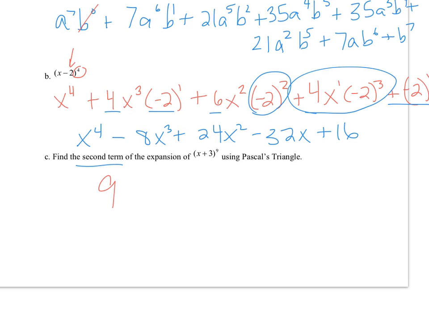And then this is going to be x to the 8th power. And remember, our exponents have to add up to 9, so it's going to be times 3 to the 1st power. So now 3 times 9 is 27, x to the 8th is going to be the second term.